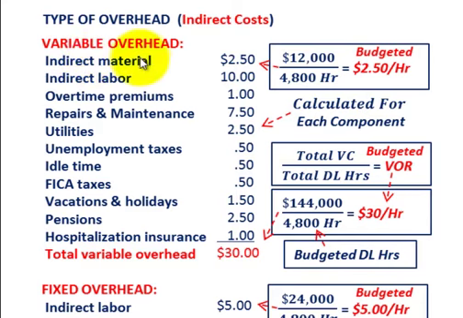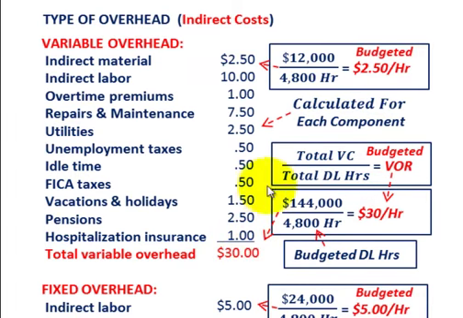It would be our indirect materials, our indirect labor, overtime premiums, repairs and maintenance, utilities, unemployment tax, idle time, FICA taxes, vacations and holidays, pensions, hospitalization insurance. And then what you would do is calculate a cost for each one of these here, total them up, and come up with a total variable overhead cost. And we're going to come up with $30 here per direct labor hour.